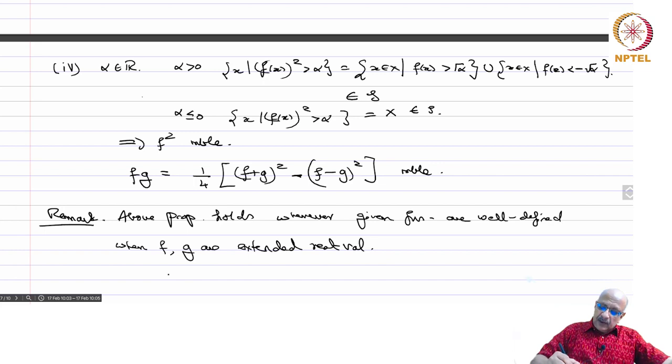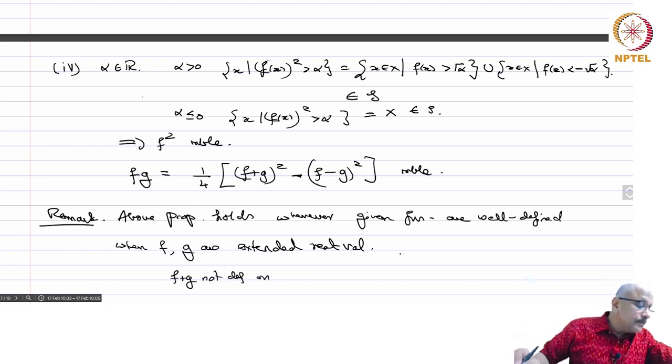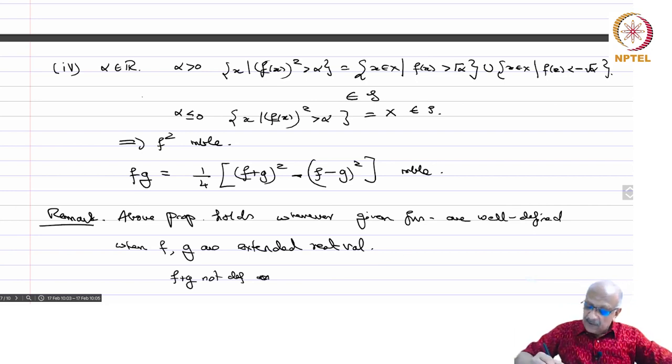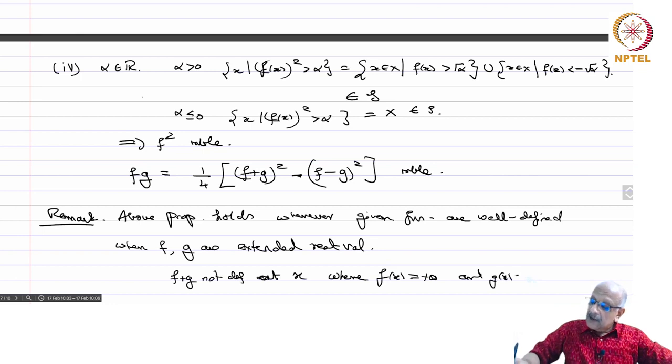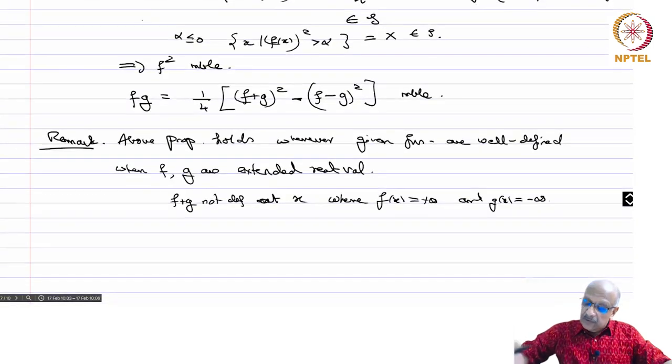For instance, f plus g is not defined at x where f(x) equals plus infinity and g(x) equals minus infinity. You can't define f plus g at x. So whenever the function is well defined, then the previous proofs will all go through. We will continue with the properties of measurable functions next time.